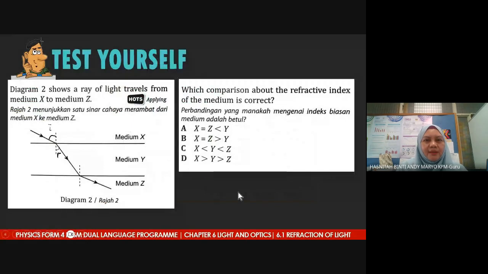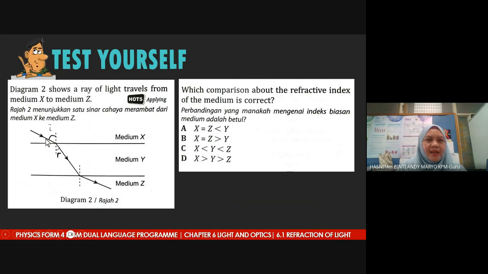So for medium X and medium Y, since the light ray refracts towards the normal, we understand medium Y has a greater refractive index. And then from Y to Z, it refracts away, so we understand medium Z has a lesser refractive index compared to medium Y. What about X and Z?